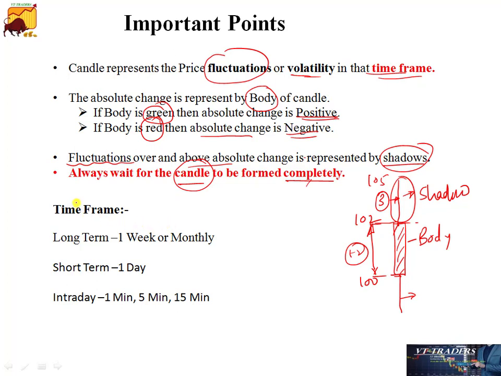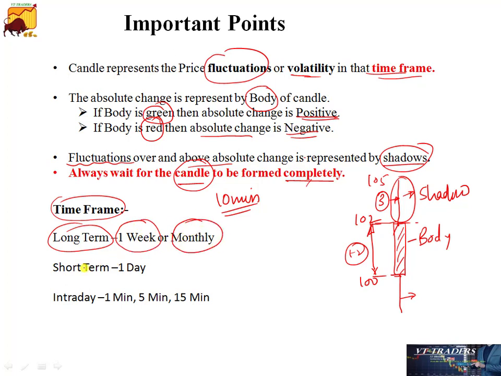Okay, so basically time frame is nothing but, we have taken the experiment for 10 minutes, so our time frame is 10 minutes. Some students will study in 5 minutes, so the time frame will be 5 minutes. For long term investment, generally investors prefer the 1 week chart or monthly chart.